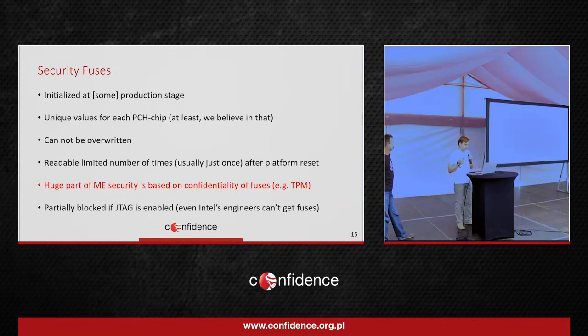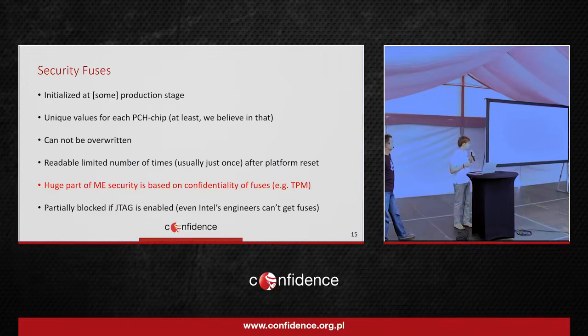And this value is unique for each PCH chip. It means that it's the main secret for your platform, and even Intel's engineers can't access this secret, for example, when using a debugger, they can use JTAG for debugging ME.